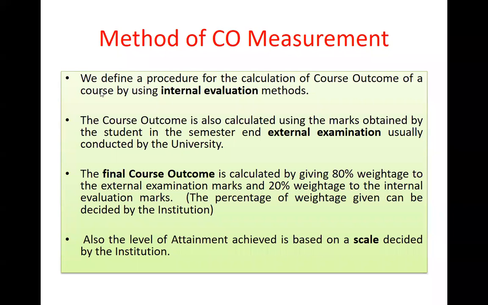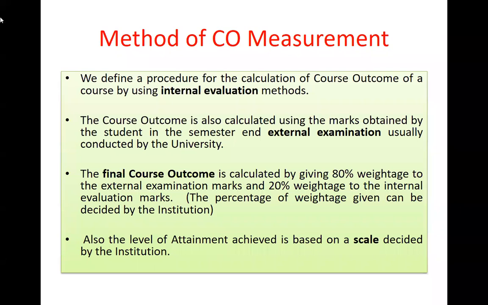Once we are ready with the course outcomes for the course, we know that we have written them in such a way that they are specific, measurable, and achievable. So now, since it is measurable, we can devise a method to measure the course outcomes.